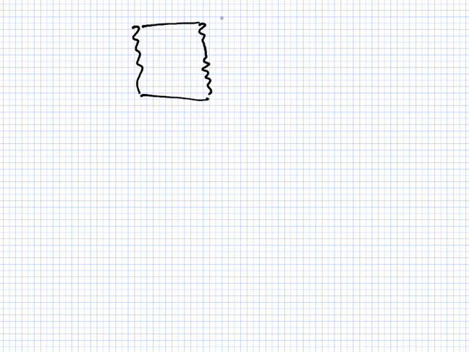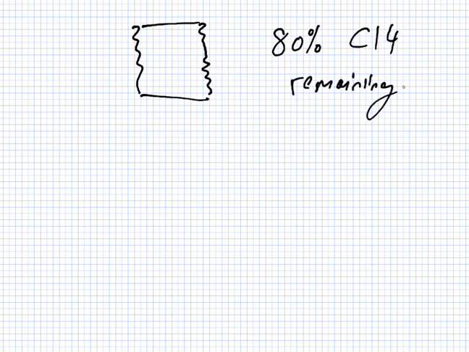Okay, so that means that this paper was alive because it came from an animal. So what you could work out is how old the paper is by how much carbon-14 is left. So for example, let's say here there's 80% C14 remaining. That's how much carbon-14 is left in this paper. So we can work out how old the paper is, or at least when the animal who made the paper died.